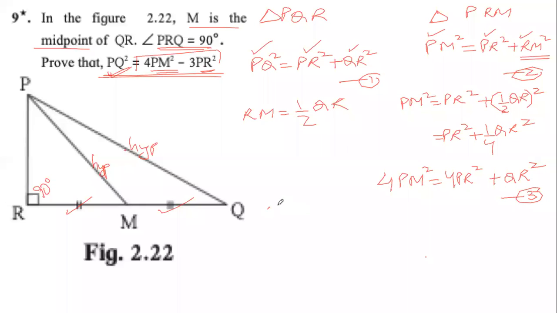So what we will do is 4PM square minus 4PR square equals QR square or something like that. And we will combine what is there in 3 and what is there in 1 to come to this place.